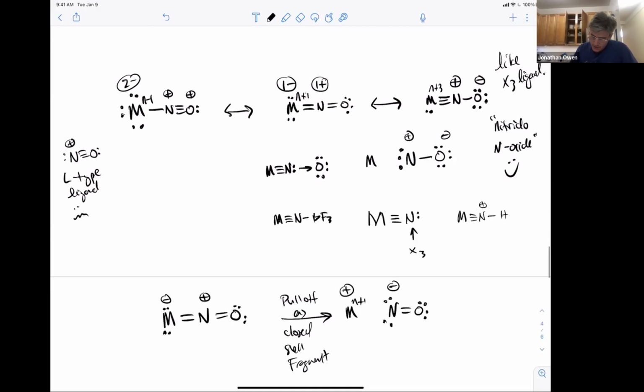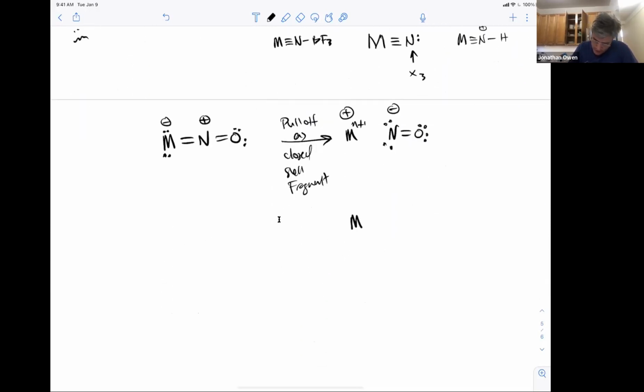But let's do another version of that, where you have actually this one here. That is clearly n+1, right? Because we know NO is just an X-type ligand when it forms a double bond out there and has a lone pair on the nitrogen.